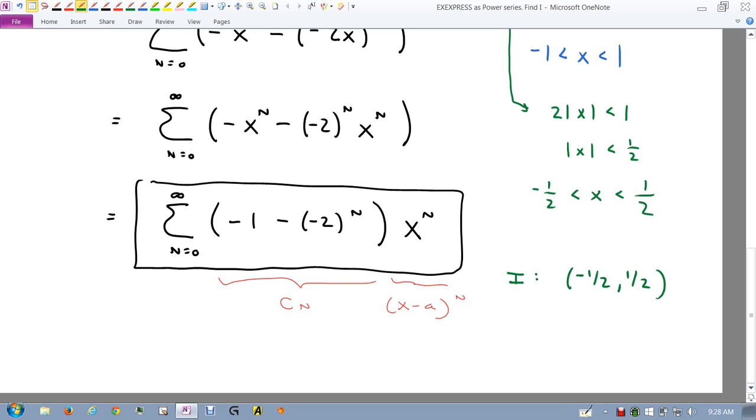Okay, now, next one. This will be our last example for expressing as power series, and probably the most challenging one.